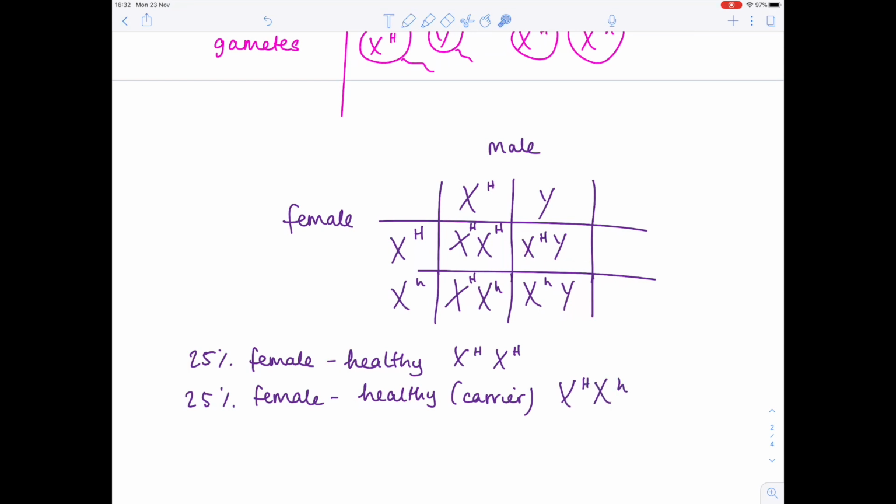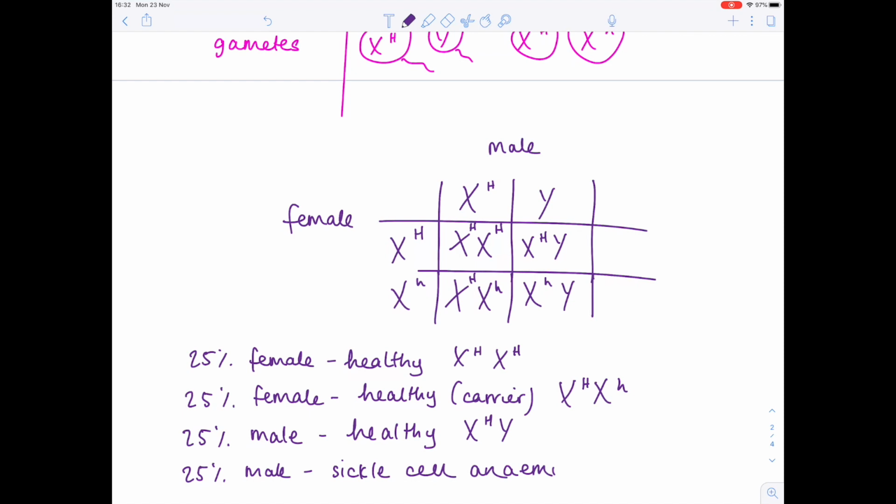Looking at this male, 25% will be male and they will be healthy, and that's because they have that combination of big H and then that Y chromosome. And then unfortunately for this male down here, we have 25% will be male with sickle cell anemia, and if we write that genotype, you can see that it's small h, Y.